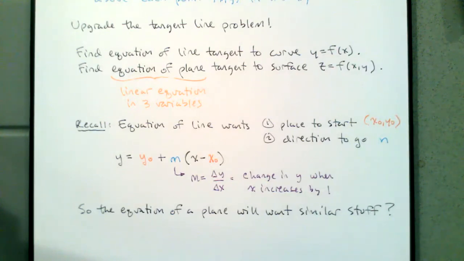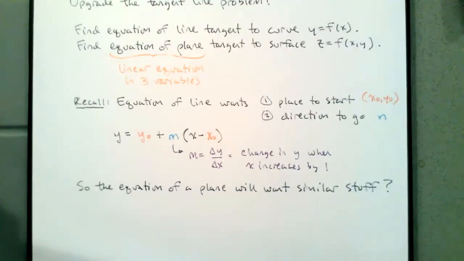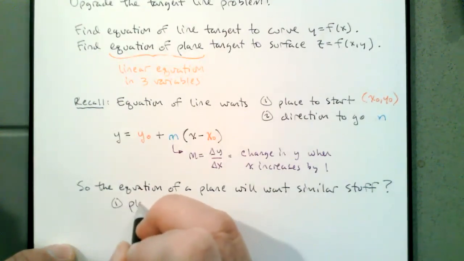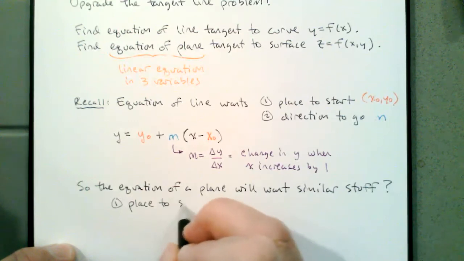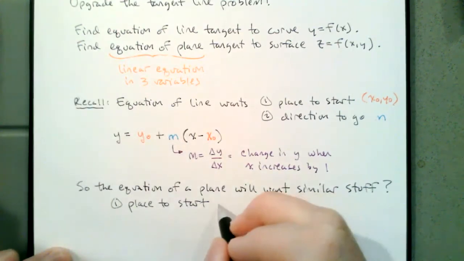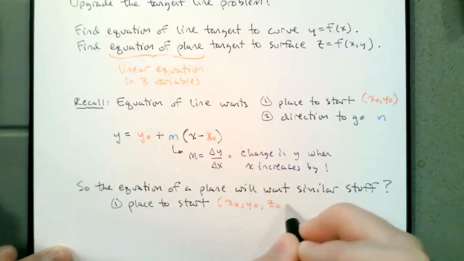In this case, our place to start is not going to be a point x naught and y naught. It'll be a point x naught, y naught, and z naught, because we're in R3. I'm already doing the R3 thing, so I hope you get used to things quickly. A place to start, which will be just some point in R3, say x naught, y naught, and z naught.